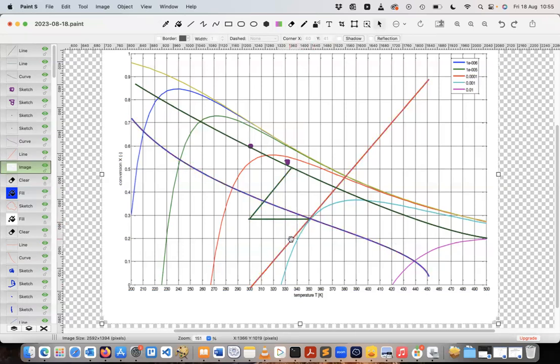You can't find 0.2 in that reactor because it's perfectly mixed all the time. That was the whole feature of a CSTR. So the entire reactor is sitting on this point.